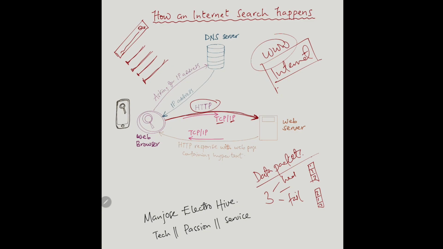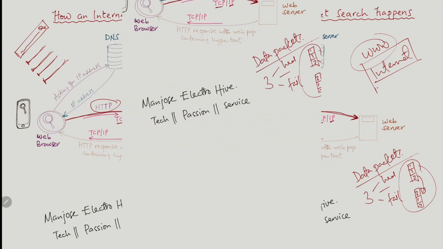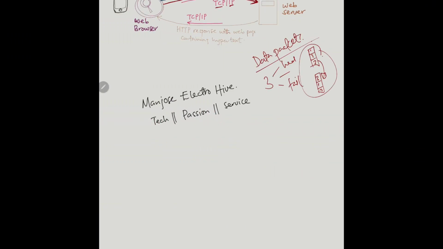We don't want this to happen. That's why you have the TCP. So that is basically how your information is obtained from your Google search to obtaining the information from the server.